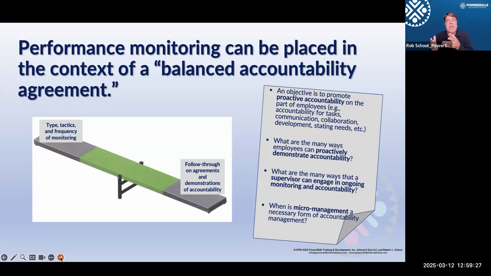Maybe it's because people are being onboarded and they don't know what to do. Maybe a seasonal or a new employee or an intern, and they don't know what to do. So for a certain period of time, we are micromanaging so that we're setting them out on the right track with the right standards, the right quality. We're checking in on that. And do they know what they're doing? Sometimes conduct is off or behaviors are off.